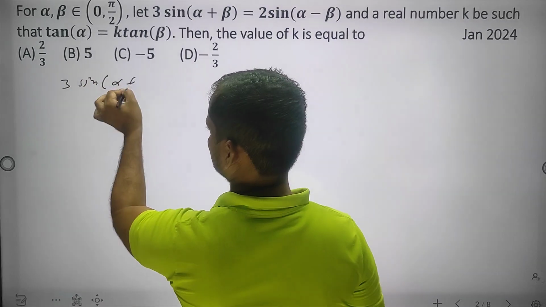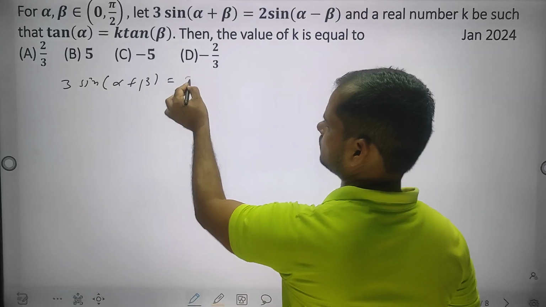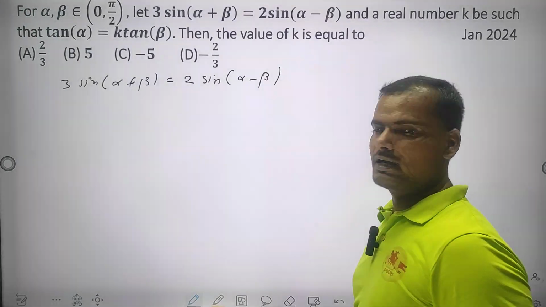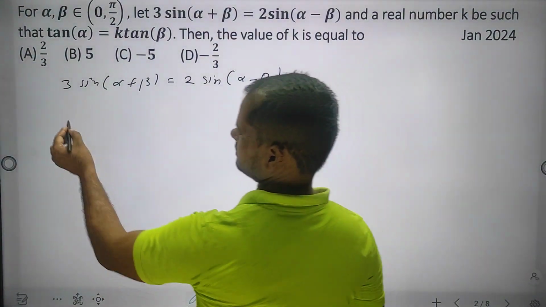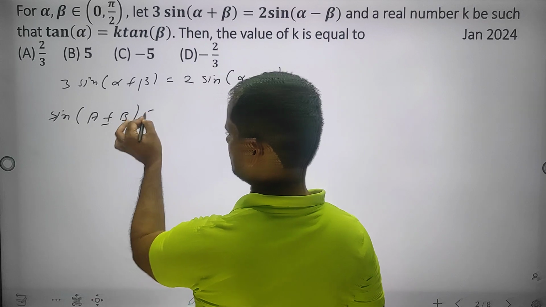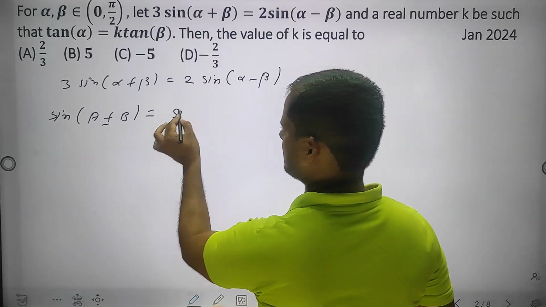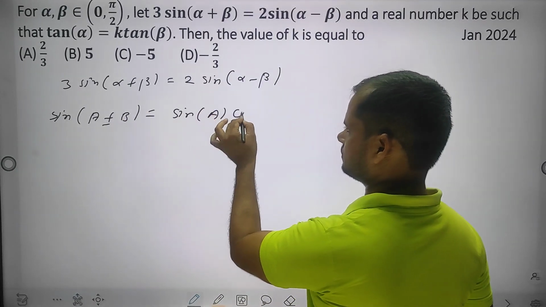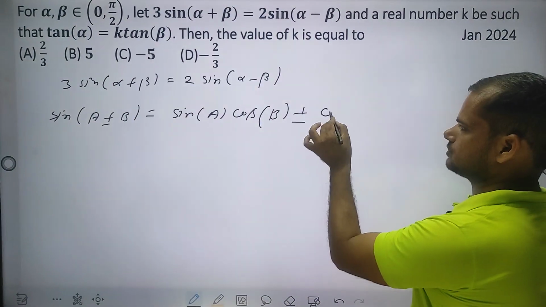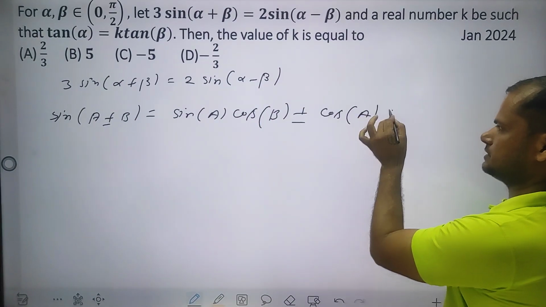We have given that 3 sin(alpha plus beta) equals 2 sin(alpha minus beta), and we know the formula sin(a plus minus b) equals sin a cos b plus minus cos a sin b.